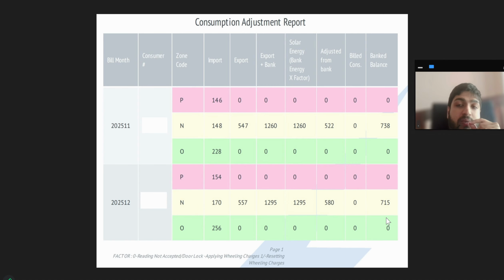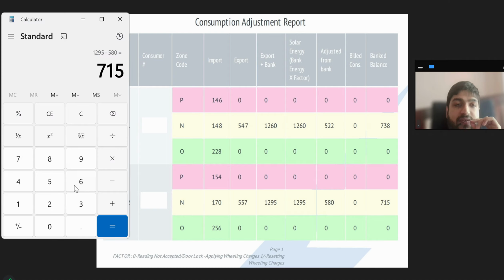Or if you want to get payment, the payment is around 3.25 it was in the last financial year. So how do you calculate the amount you will get from the utility for net feed-in tariff? The feed-in tariff is 3.25 and you multiply that by your bank balance.